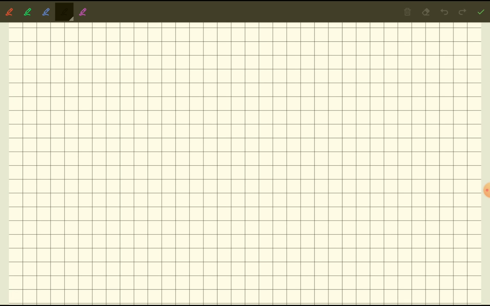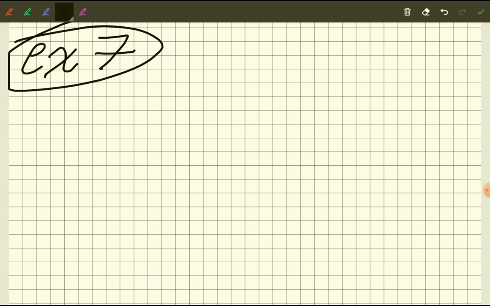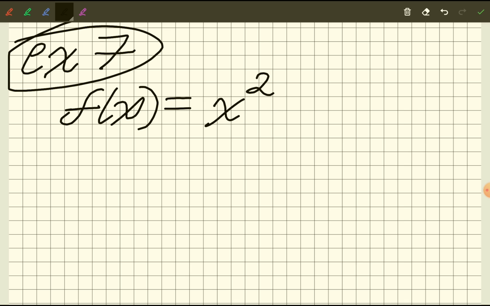Okay, let's do one last one, and then I'll leave you guys alone. Let's do, what is it, example 7 now? F of x equals x squared plus 3x minus 5.